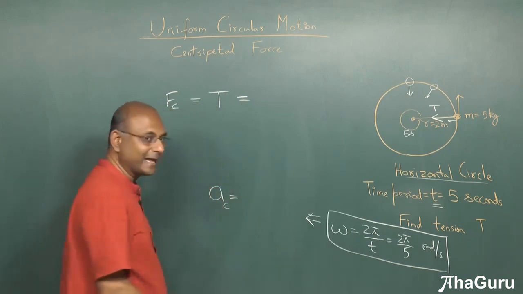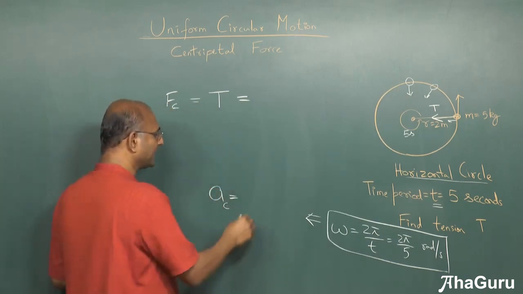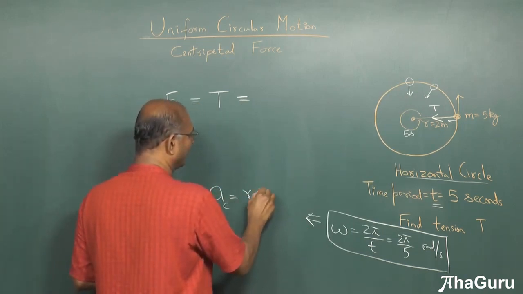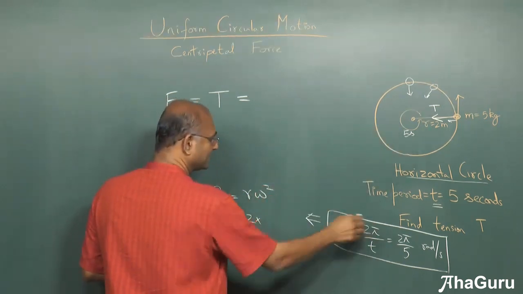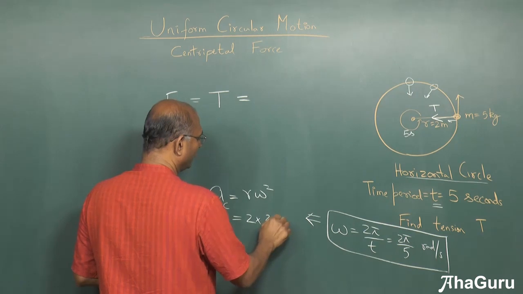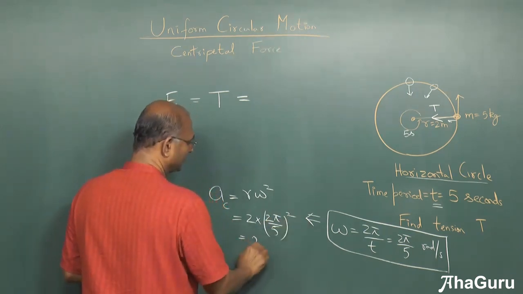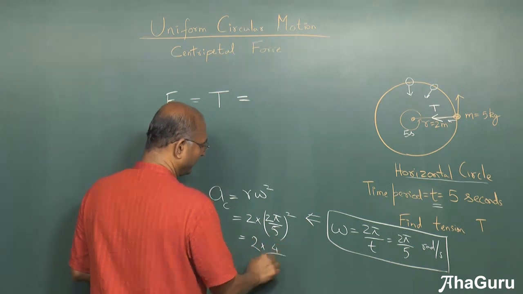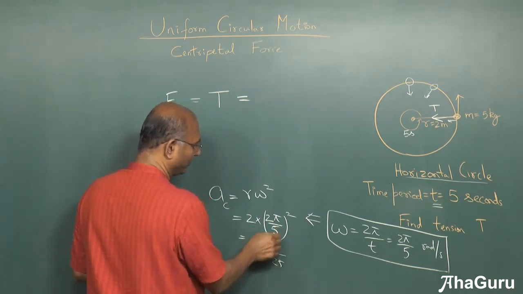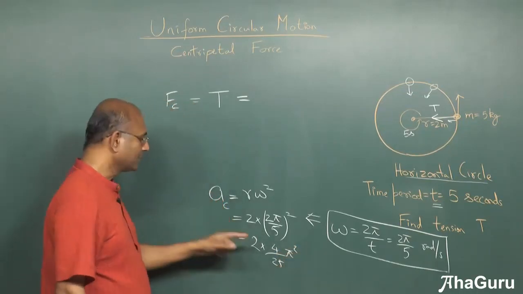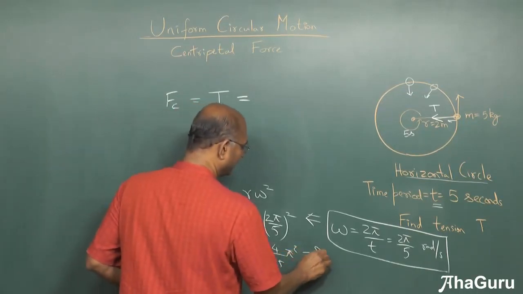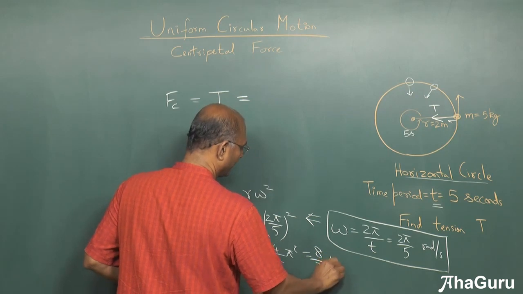So what is the centripetal acceleration? You can use r omega square. R is 2, omega is 2 pi by 5, so 2 pi by 5 square. So this is 2 into 4 by 25, 4 by 25 pi square. So this is 8 by 25 pi square.